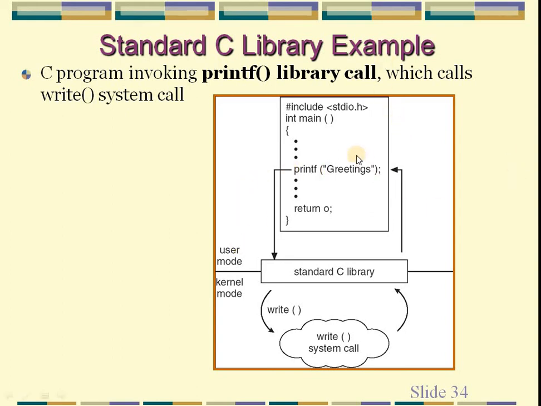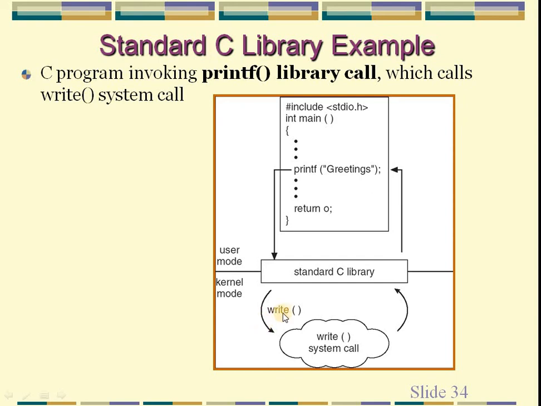Here the user gives an example: a header file, a main function, which prints a greeting and returns a value. This printf statement uses the write system call, which is in user mode. It is transferred into kernel mode through the standard C library, where system calls are implemented.